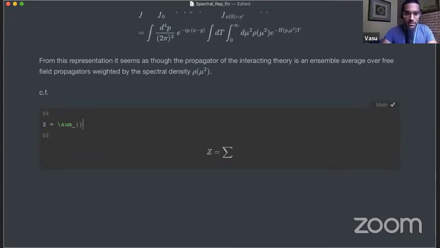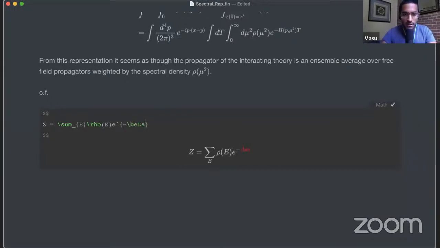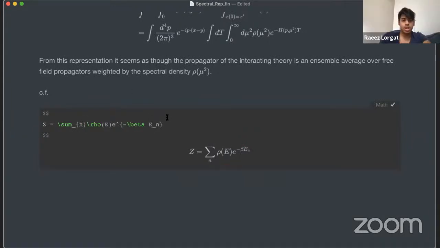So in the microcanonical ensemble, what you need to know is the density of states, right? That's what this rho of E is. And the energy spectrum, right? So let's write it like this: sum over states, like n particle states, or energy states rather.